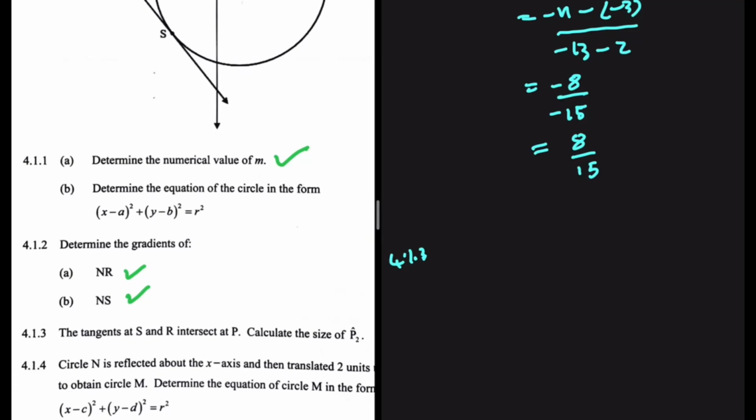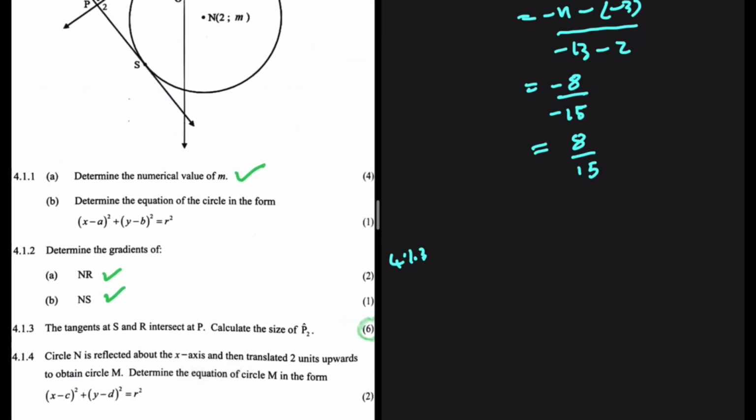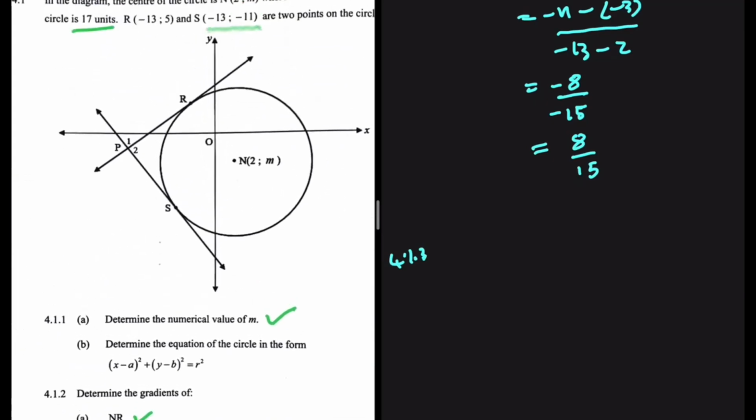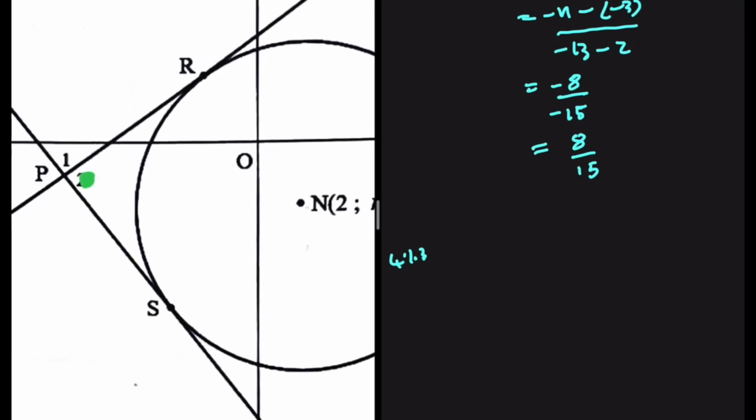Without us calculating the gradients of NR and NS previously, 4.1.3 probably has 9 or 10 marks. So it makes sense that we had to calculate the gradients of NR and NS so that we can use them to then find the size of angle P2. Let's see how we can actually do that. So P2 is this angle here. Let's just highlight it so that it is clear to see.